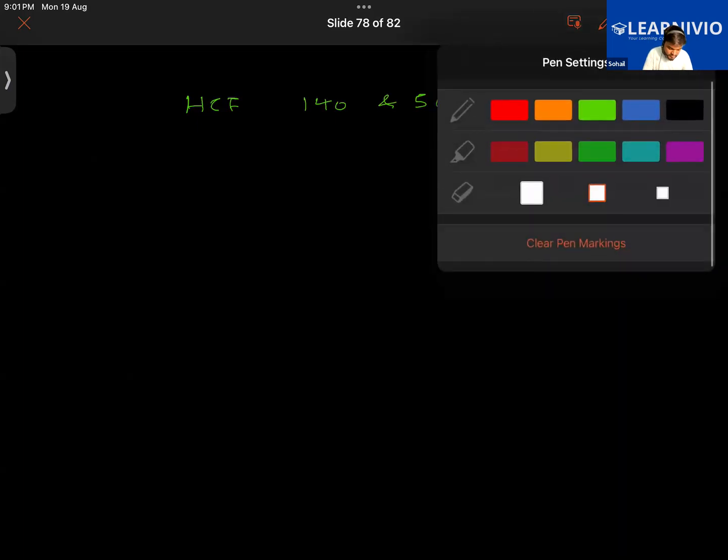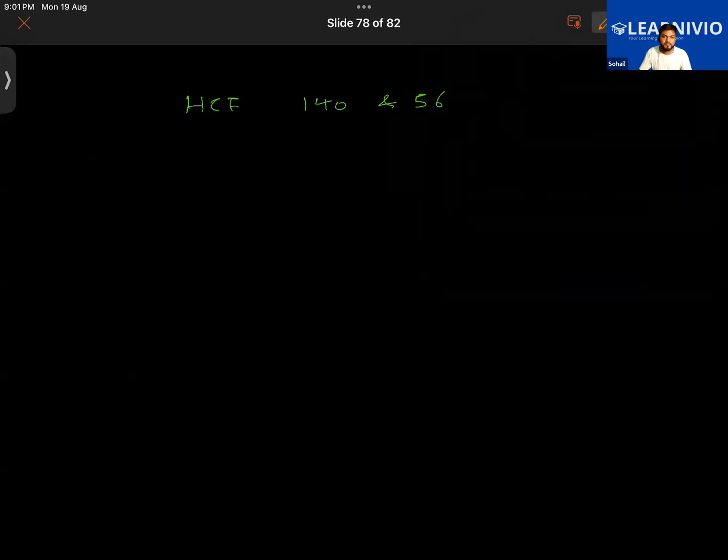Okay, you solve this, do it. You have to first of all find the HCF. You can use any method, whichever method you find suitable, or you can simply use the division method also. Like 140 divided by 56.